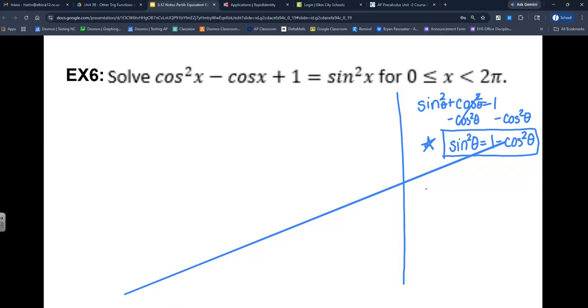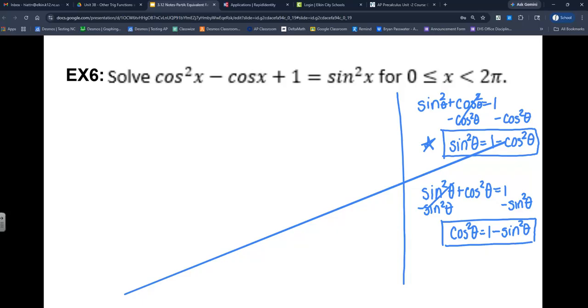It is also true if I take that same logic. If I have sine squared theta plus cosine squared theta, which is a fact, equals 1, and I subtract sine squared theta, then cosine squared theta equals 1 minus sine squared theta.